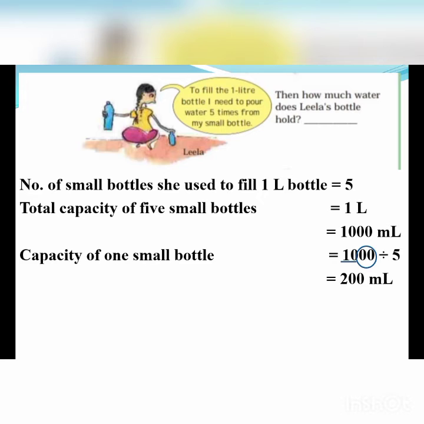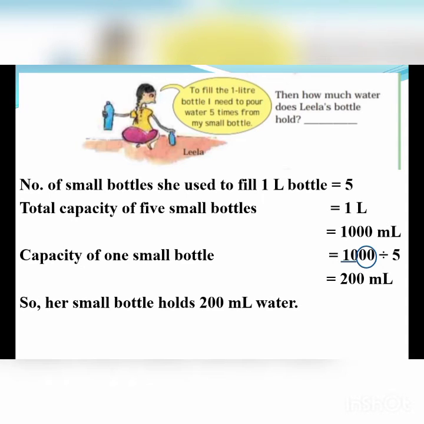You can find the answer of division using pen and paper also. So we can say that her small bottle holds 200 milliliters of water. So the answer is 200 milliliters.